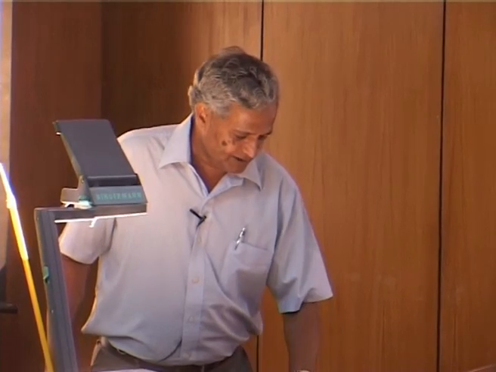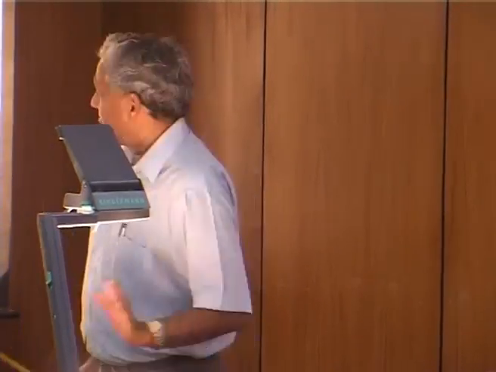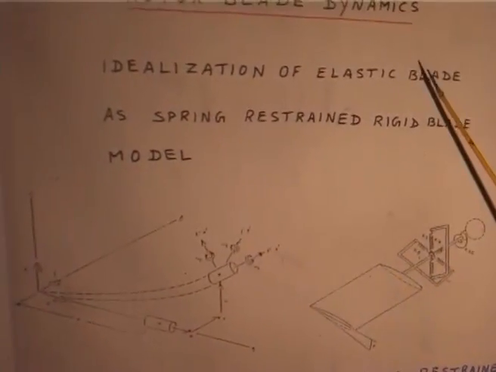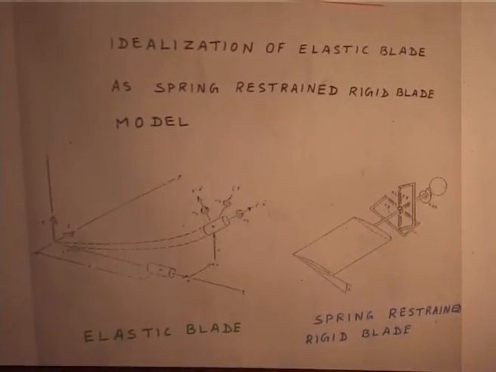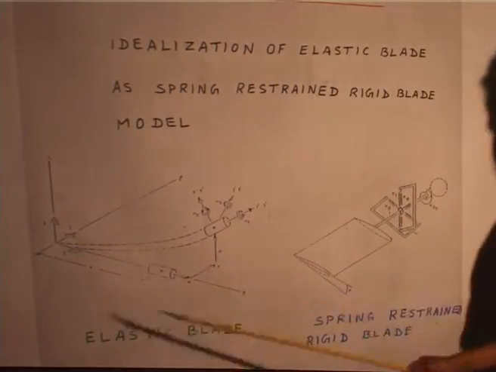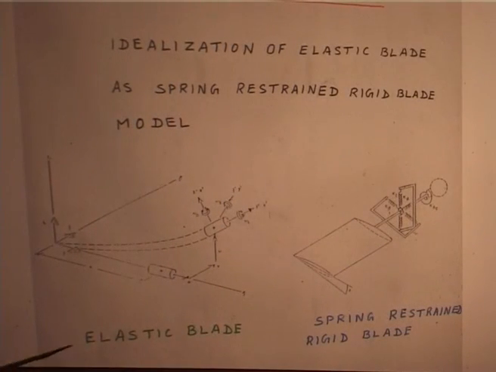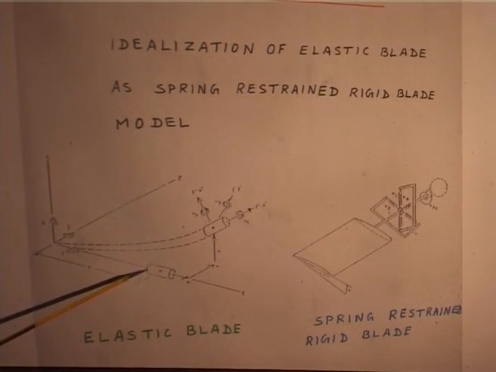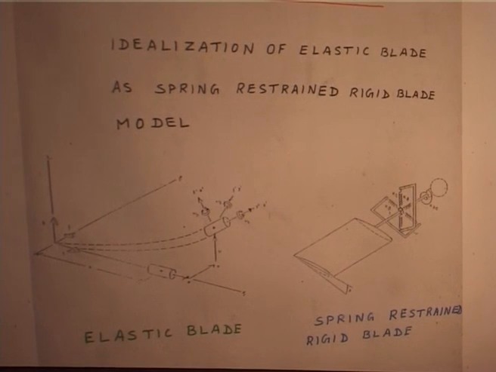Okay. How do we analyze this problem? I will just show the idealization of an elastic blade as a spring restrained rigid blade model. This is the elastic blade. I have shown here just for example, if you have a small element, because this is how we analyze structures, you take a small element of the blade, how this small element deforms during operation.